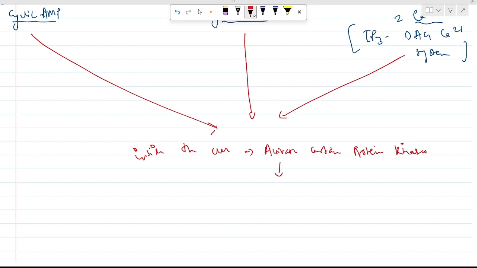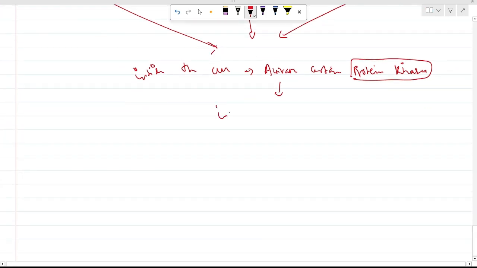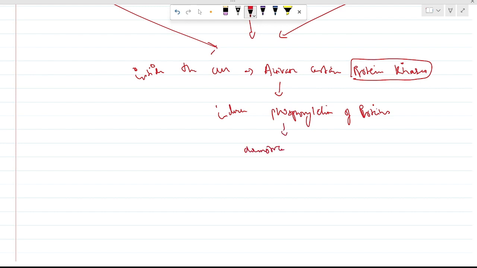On activation of these protein kinases, they induce phosphorylation of proteins. Then this phosphorylation of proteins leads to downstream actions.